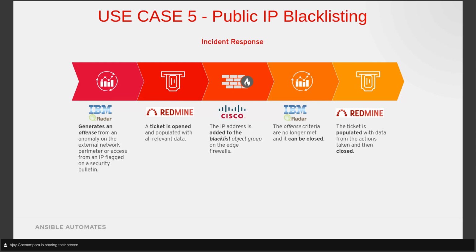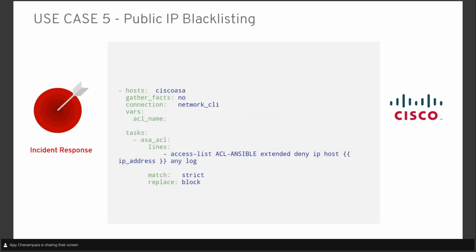So a ticket is opened, and that ticket goes to the security team, who has to log into all their edge devices and filter out this IP address or IP address space to make sure that any future request from this particular source IP does not come into their organization. And then the security analysts need to wait and make sure that that offense is indeed mitigated, and then close out the ticket. That's the normal process.